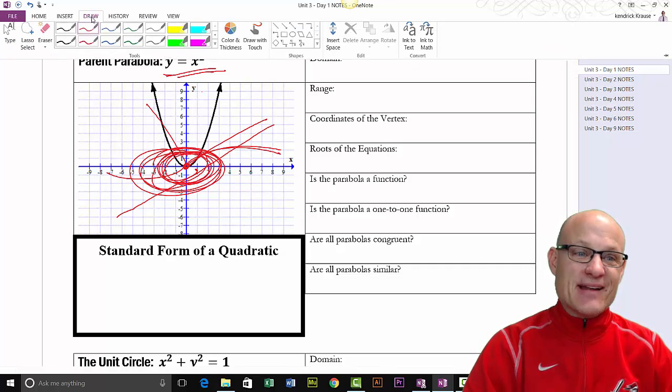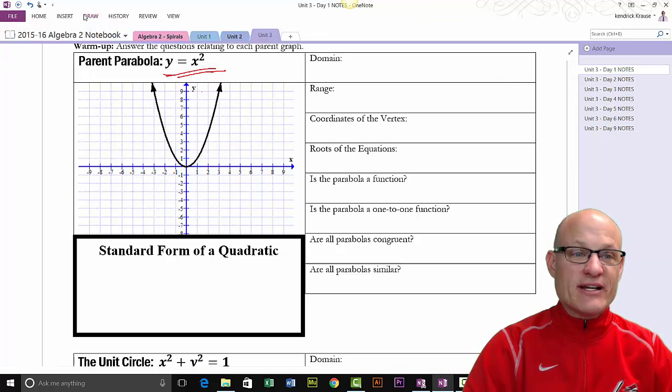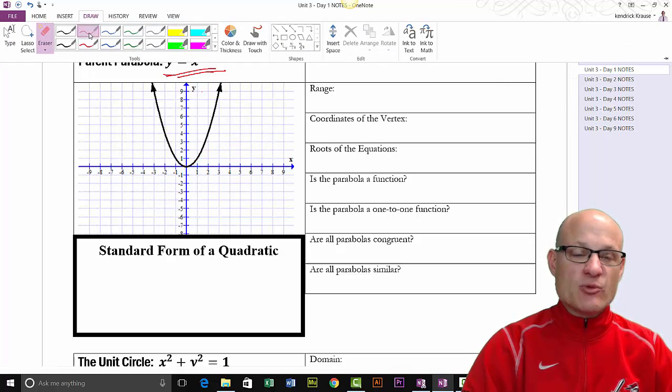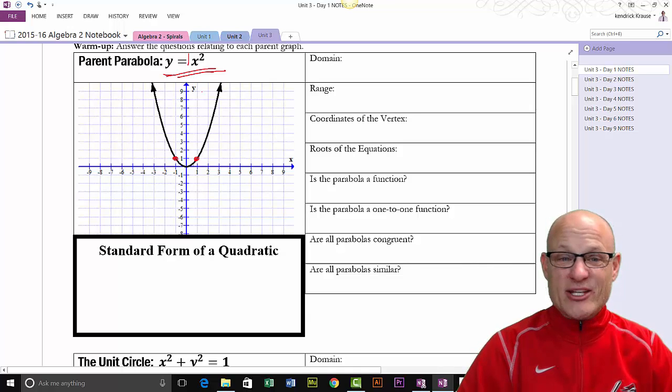The other thing we're going to base it on is how steep it is, what kind of dilation we have. Notice the number in front is a 1. It's understood to be there. What does that mean? We're going to the right 1 and up 1, to the left 1 and up 1. Since this is a quadratic, you're going to hear me say over and over again, over 2 and up 4, that's 2 squared.